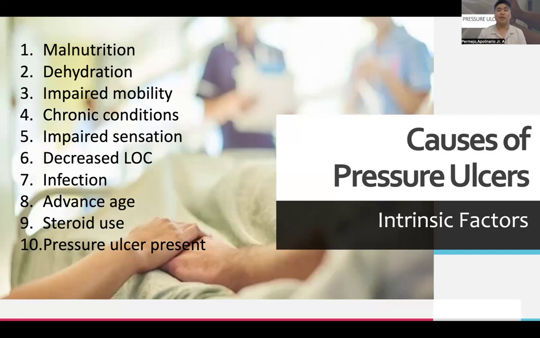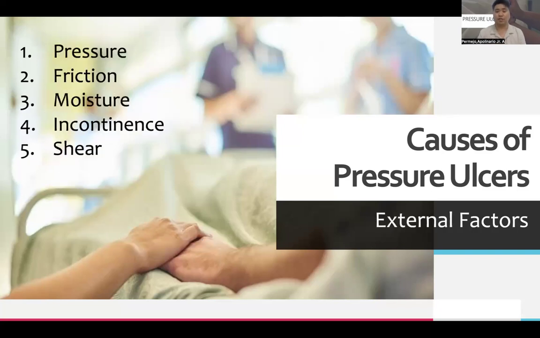Impaired mobility, existing chronic conditions, impaired sensation, decreased level of consciousness, infection, and even advanced age in elderly individuals, patients or individuals who are using steroids, and existing pressure ulcer. Moving on to the external factors: pressure, friction, moisture, incontinence, and shear.